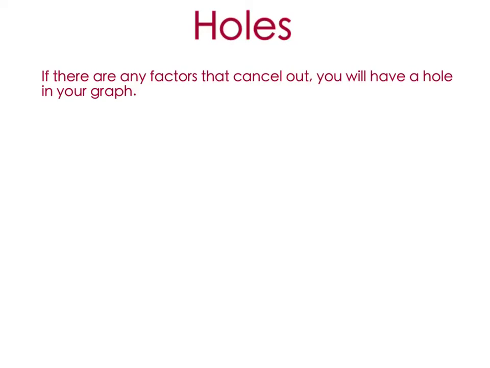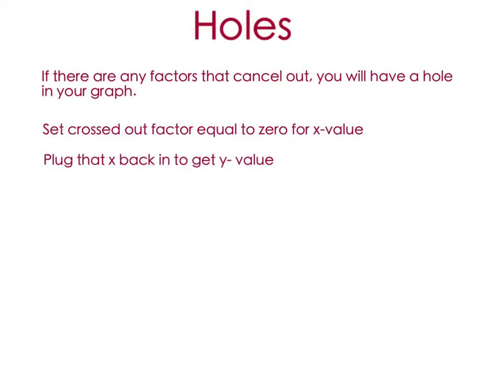So we're going to factor, and then if any of your factors cross out, you're going to graph your function all based on the simplified version, except you're going to take the part that you crossed out and set it equal to 0 to figure out the x value of your hole. And then you'll take that x value and plug it into your simplified fraction to get the y value of your hole. And once again, we will practice that in a little bit.